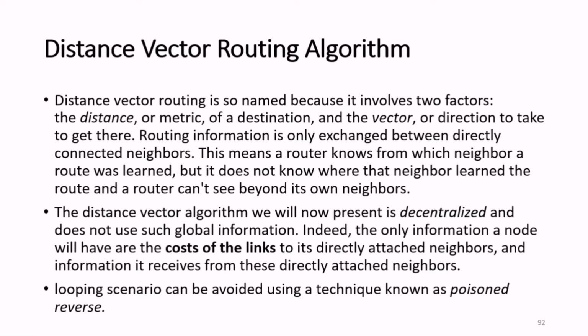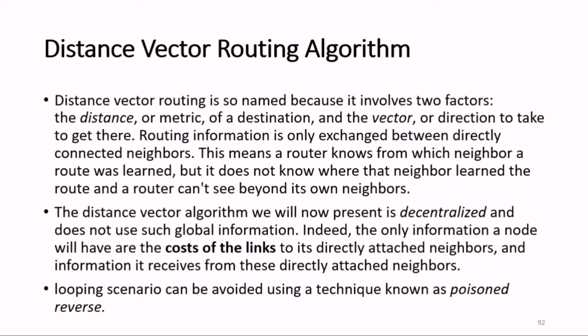Compared to that, distance vector routing is named because it involves two factors: the distance or metric of a destination and the vector or direction to take to get there. Routing information is only exchanged between directly connected neighbors.